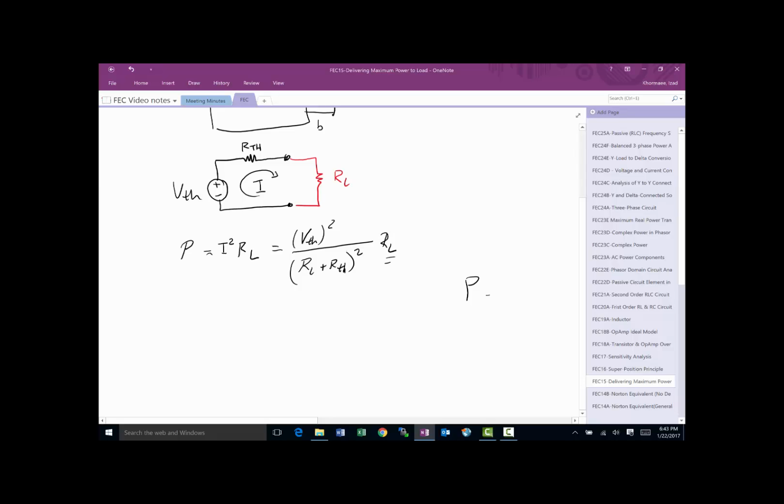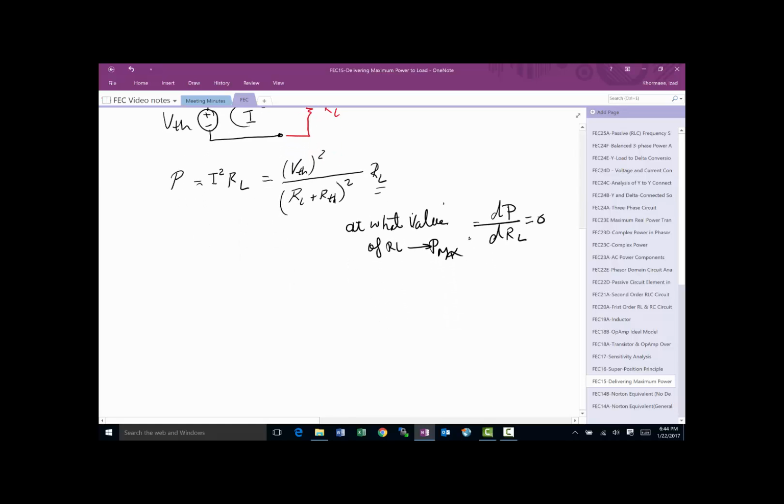In order to find out the maximum, the question here is at what value of RL we're going to get P max. And we know that is going to happen when the derivative of P with respect to RL is equal to 0.